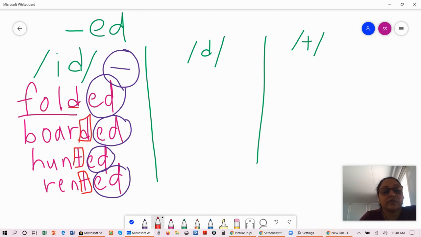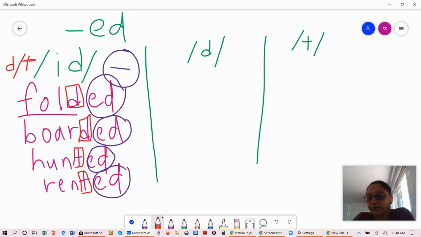So folded, boarded, hunted, rented. When the root words end with a d or a t, we pronounce the ed as id. Folded, boarded, hunted, rented.